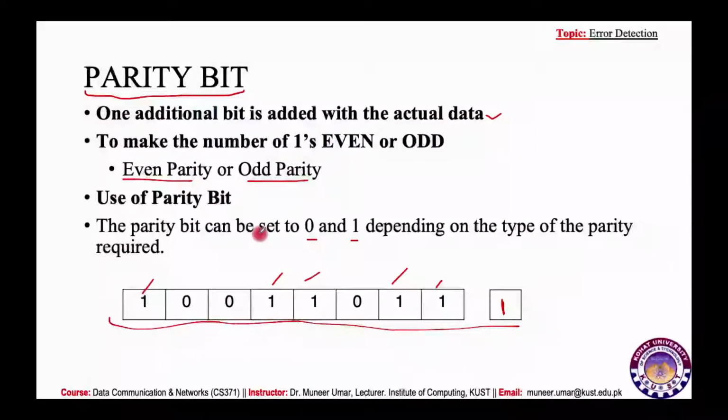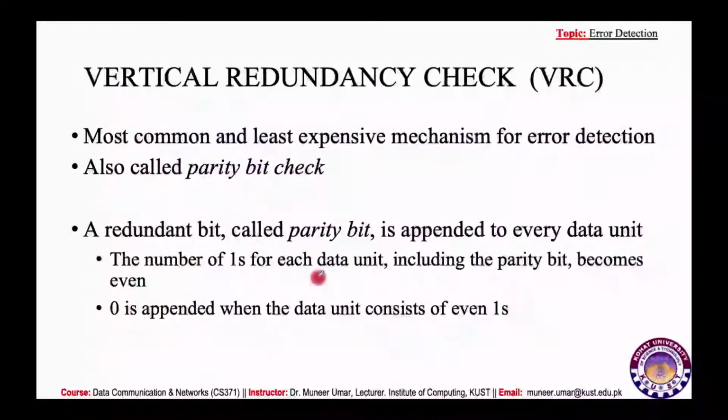And if we need odd parity, in that case we must provide 0 here, so that the number of ones in this entire block, data plus parity bit, is odd.